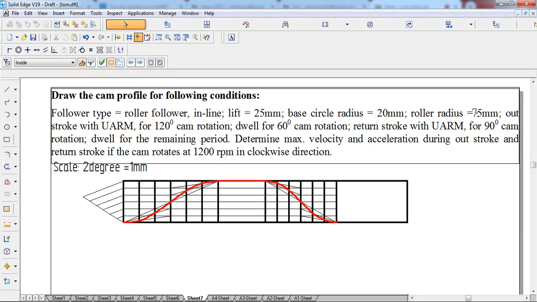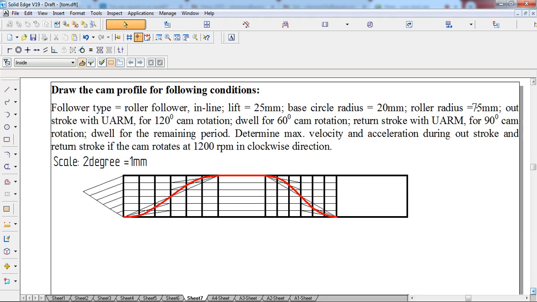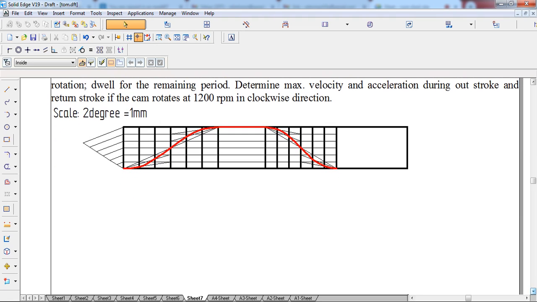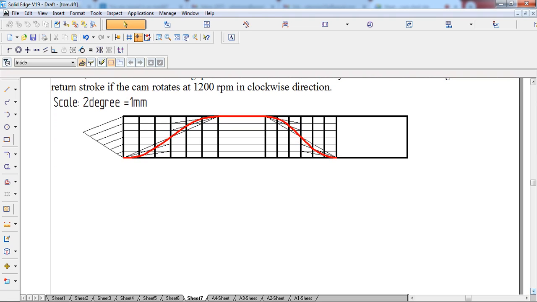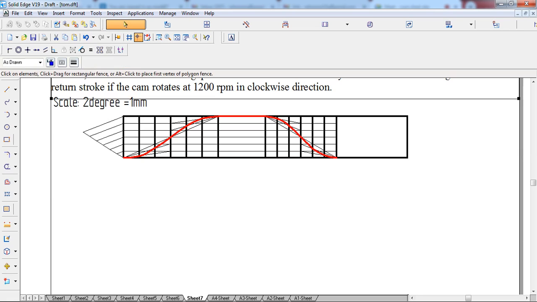And next, the cam rotation is in the clockwise direction. So what is the use of this direction of the cam, clockwise? If the cam is moving in the clockwise direction, will the follower direction and the cam direction be the same or opposite? Opposite, sir. So this condition will be helpful when you draw the cam profile.